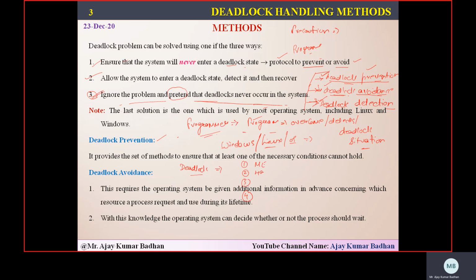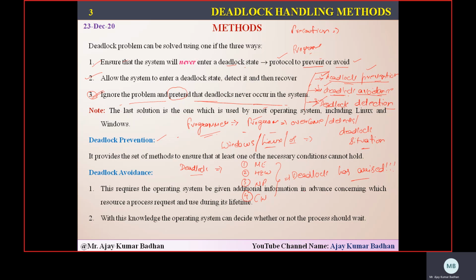Mutual exclusion, hold and wait, no preemption, and then finally, last but not the least, circular wait. If all these conditions are holding, then we say that a deadlock has arisen, isn't it? That's what we were saying exactly here. The deadlock situation has arisen.